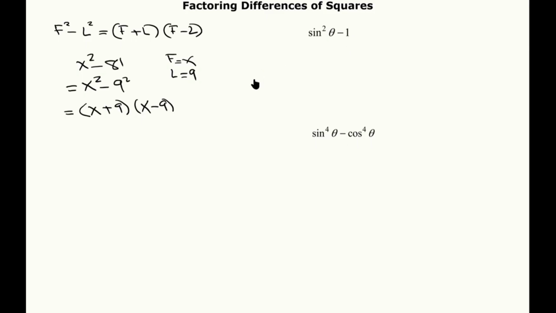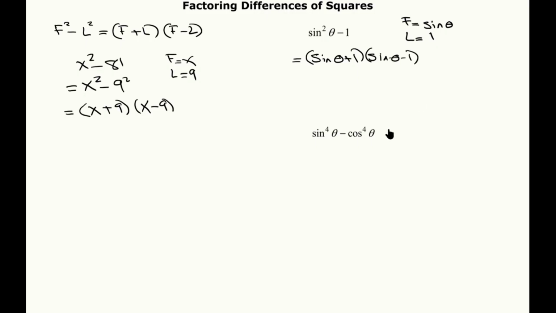So basically we're going to realize that f here is sine theta and L here is 1, so we're going to apply this formula to that f and that L. So we're just going to end up with f plus L, which is sine theta plus 1, times quantity sine theta minus 1.